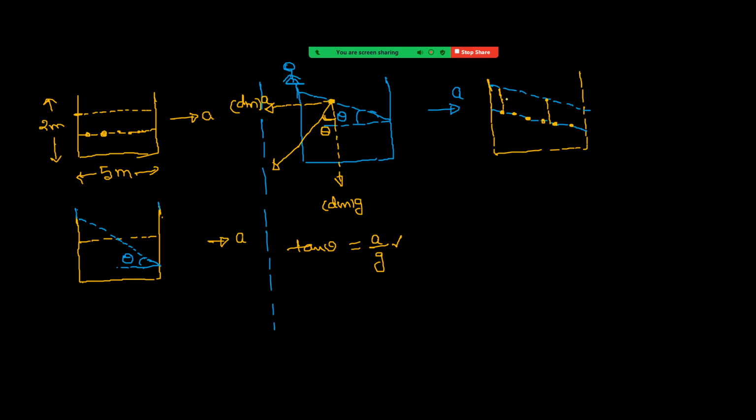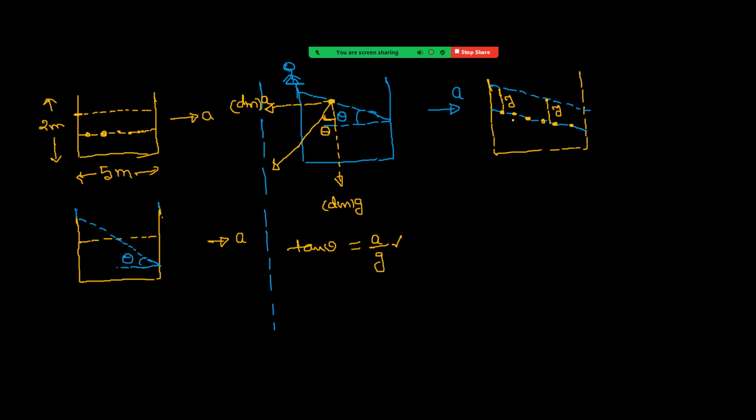This length is y, this length also y. All these points are at the same depth. See carefully: from here distance y, distance y, distance y. Depth means we measure from the surface. So from here y, from here y: same depth, same pressure.